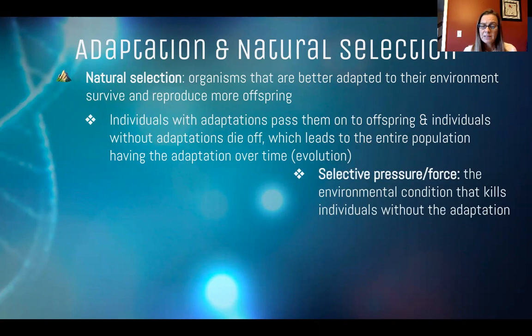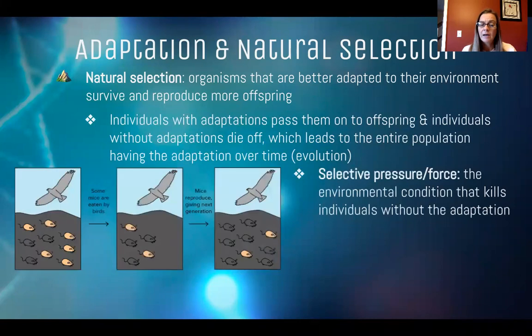Generally, there's going to be a selective pressure, a selective force, and that's the environmental condition that is going to kill individuals without the adaptation. For example, we have a hawk eating mice, and the mice that are darker are less visible to the hawk and therefore are less likely to be consumed.